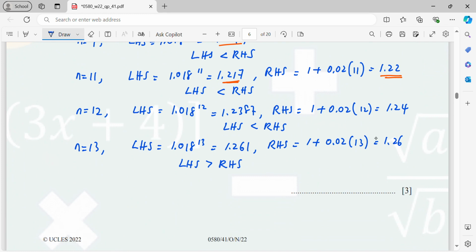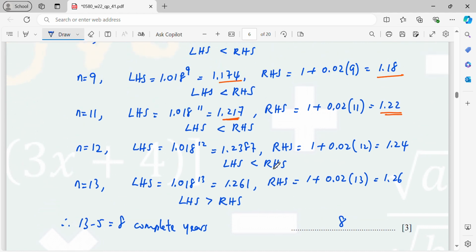So from here I will just write, it will be 13 minus 5, that is 8 complete years. Okay, so the answer is 8. The n is 13, but the answer of this question is just 8, because we have to calculate from the end of the 5th year.